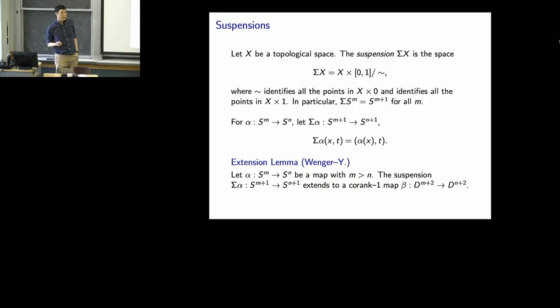Can I ask a question? Before, you were mapping onto a graph, a one-dimensional thing. Is the place where you're only getting to corank 1 that upward pointing arrow there? Yeah, it's the interface, a codimension 1 thing that you're aiming for.